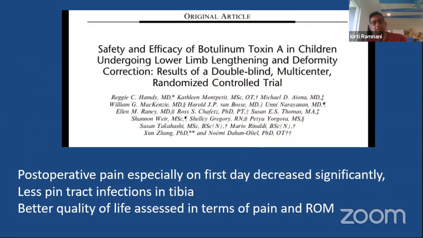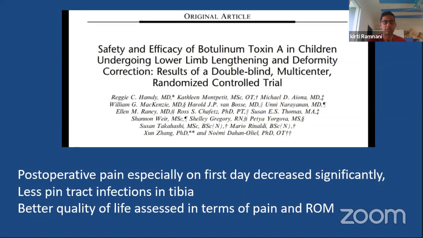This is an interesting study which came from Shriners Hospital, in which they used botulinum toxin A, or Botox, at a dose of 10 units per kg up to a maximum of 400 units, at the end of the procedure. They did a double-blind trial in which half of the patients were given Botox and half were given just plain saline placebo.